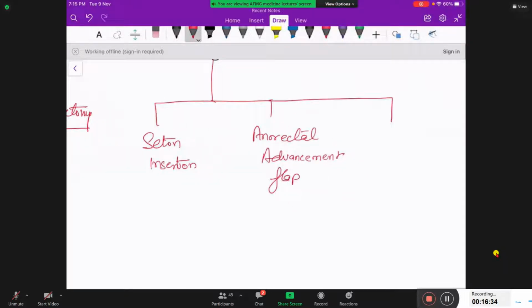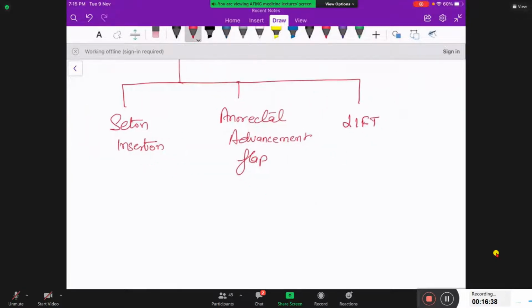We have the option of LIFT. LIFT is ligation of intersphincteric fistulous tract.